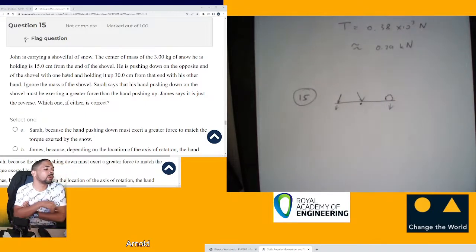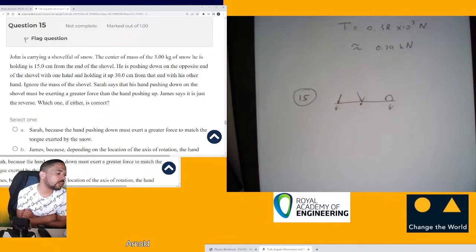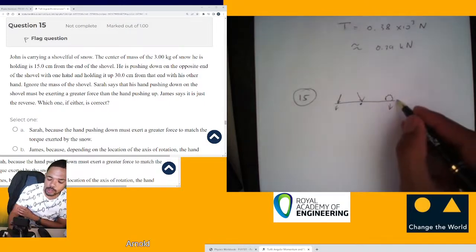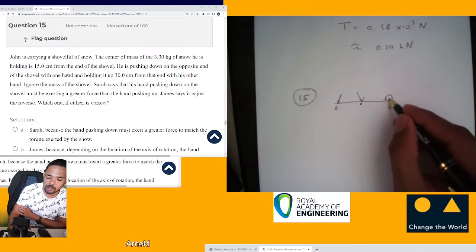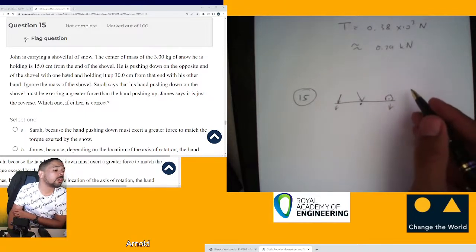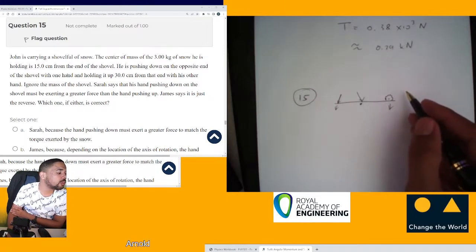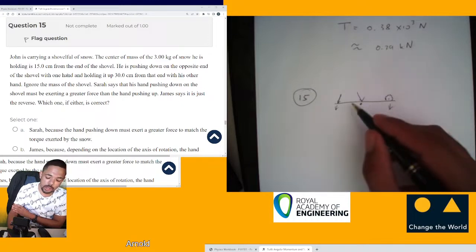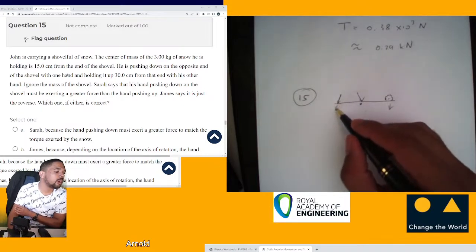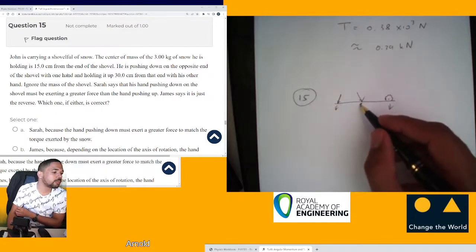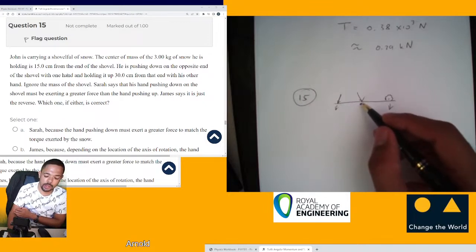Okay, so they say the center of mass of the 3 kilogram snow is 15 centimeters from the end of the shovel. That's where the center of mass of the snow is. He is pushing down on the opposite end of the shovel with one hand, so he's pushing down on this end, holding it up 30 centimeters from that end with his other hand. So he's holding it here, 30 centimeters.